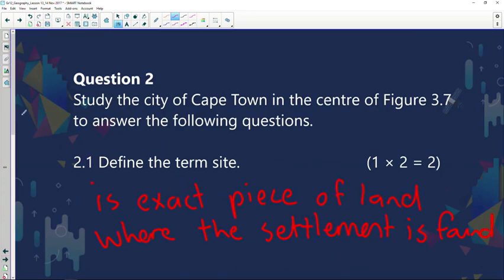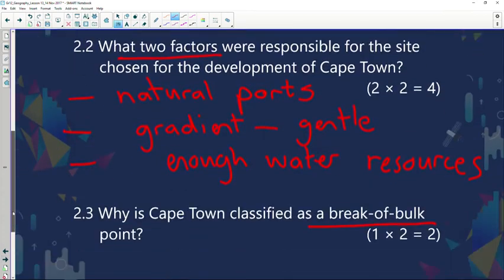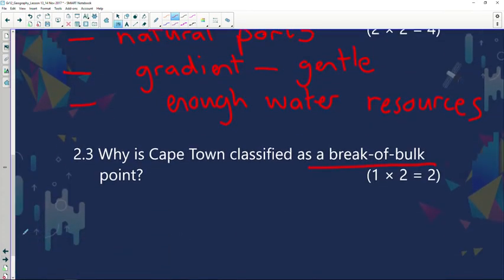Let's quickly have a look at our question again. Because it changes, the correct answer for that: it has a harbour where the mode of transport changes.